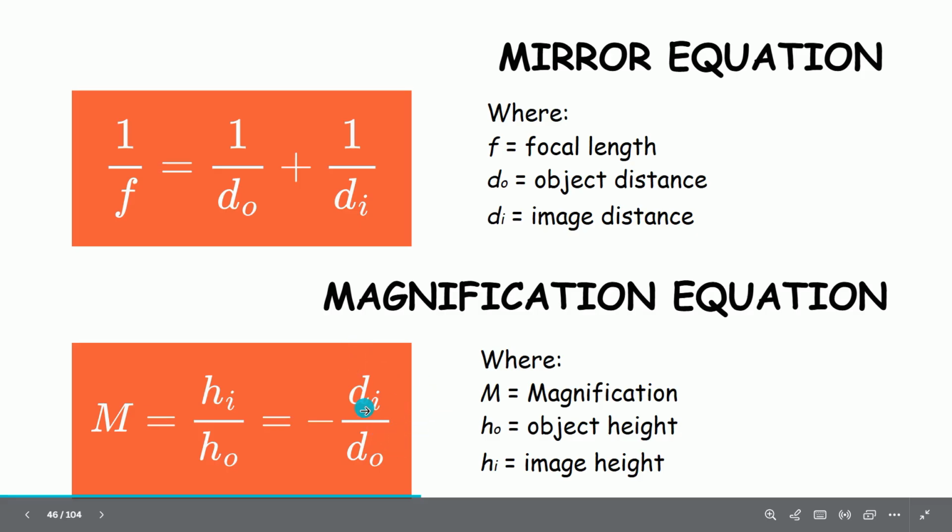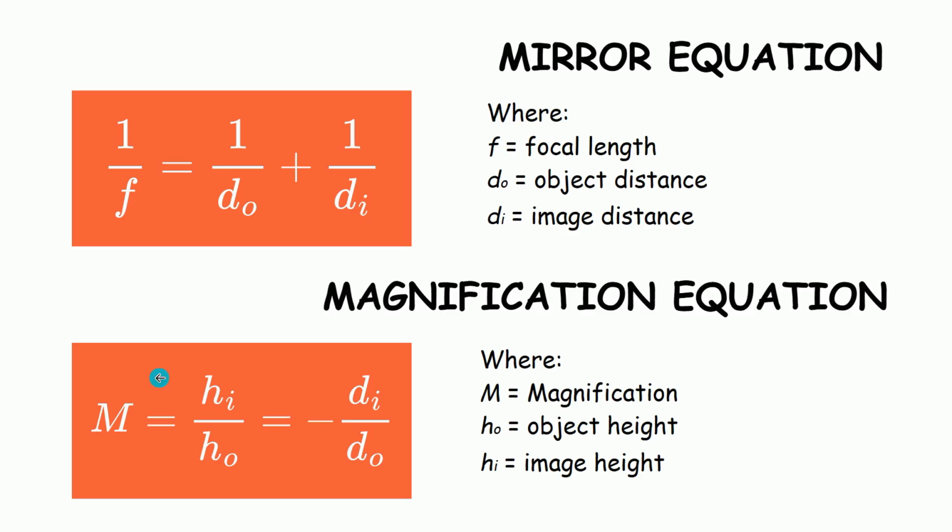So it depends on what is given, whichever equation comes out. This equation is just the same, just that its unit is x or times or magnification, how many times magnified is its ratio in terms of the image.